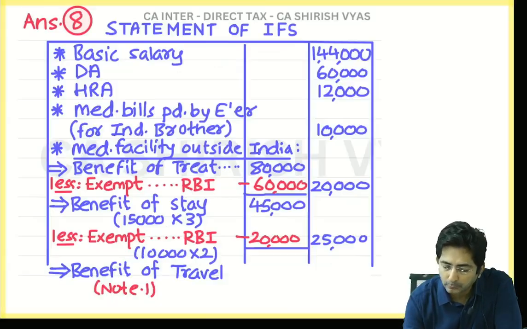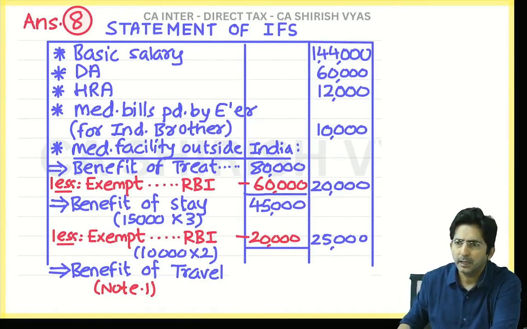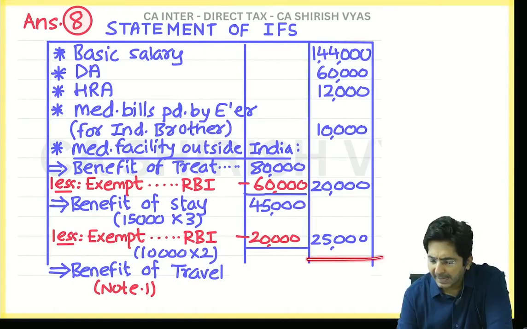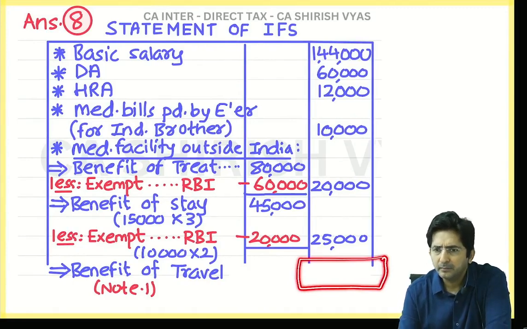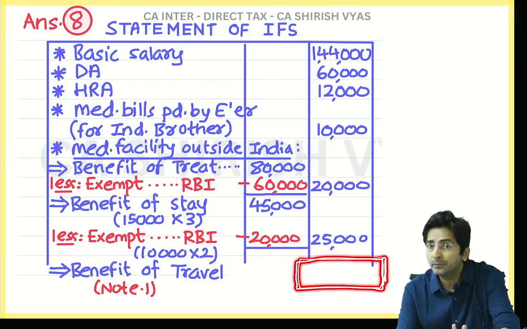So now how will you calculate gross total income? Just add all figures. Everything you will add, except travel, because travel is the item for which the decision is being taken. Except travel, add all. How much are you getting? 2,71,000. Then you should provide deductions also.